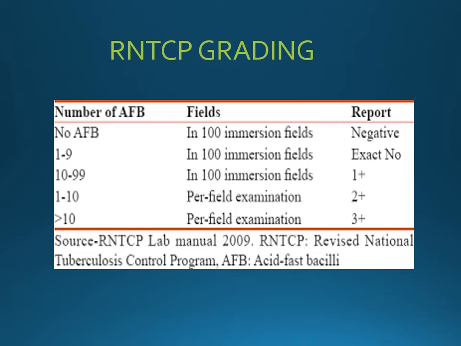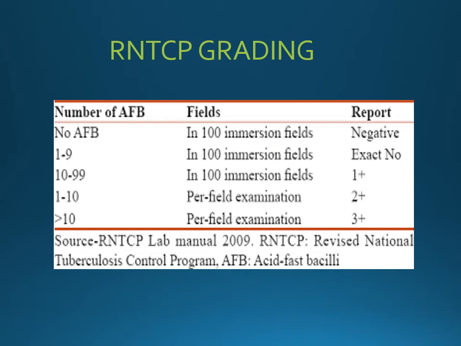The second: if we notice 1 to 9 bacteria within 100 fields, in the past we used to report it as scanty, but now we give the exact number. If we see 2 bacteria within 100 fields, we write 2 per 100 oil immersion fields.